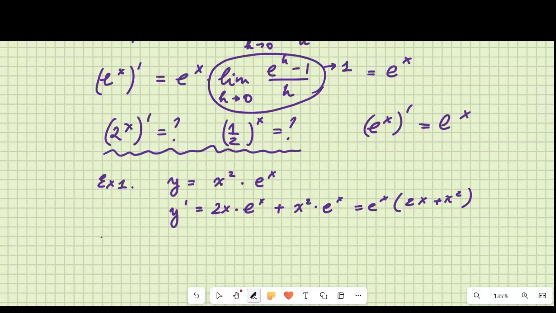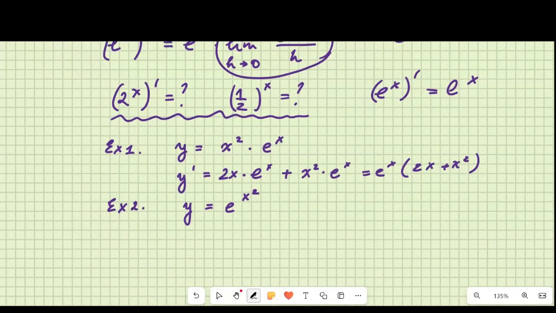And my second example is going to be differentiating a composition. Imagine that my function now is e to the power of x squared. How do I differentiate this one? I remember that to differentiate a composition, I need to differentiate first my outer function, considering my argument as just u.